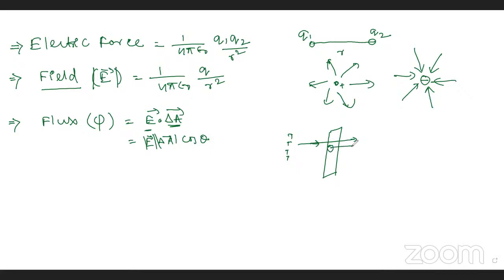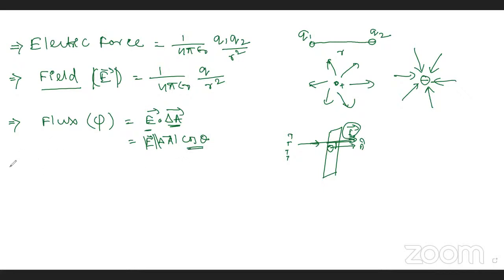The area vector is perpendicular to the area. If we hold the object parallel, this n cap direction will change. If they are in the same direction, theta will be 0. If we hold the object at a certain angle to this E, then theta will change. So this is the theta.